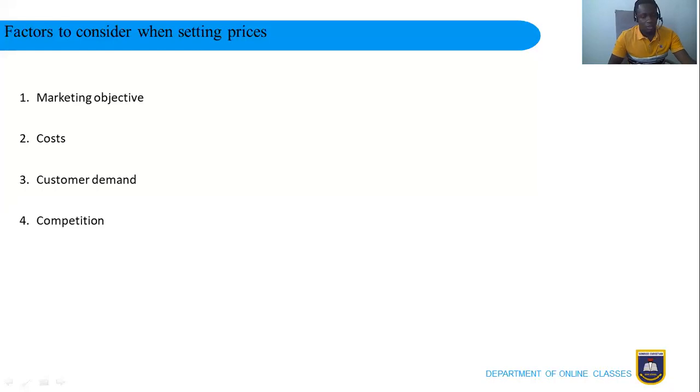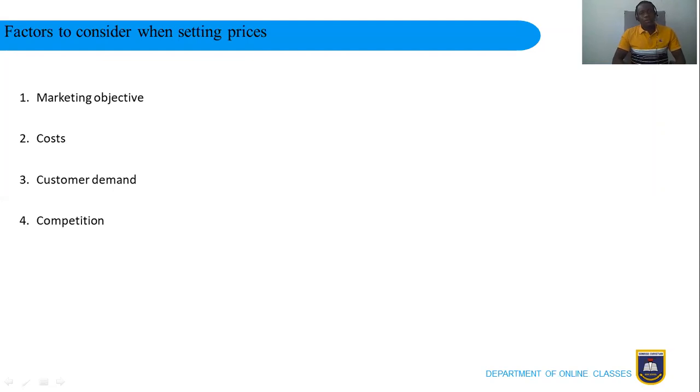First, which kind of people do I intend selling the products to? Would they be able to buy it if I sell it at this price, or they wouldn't?